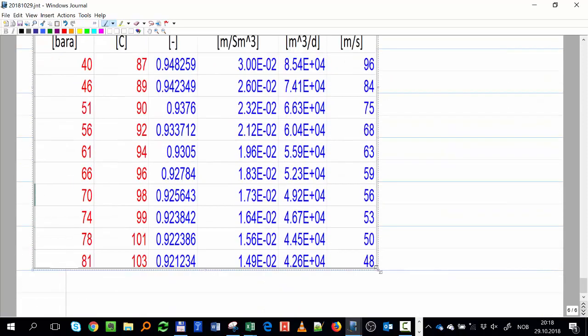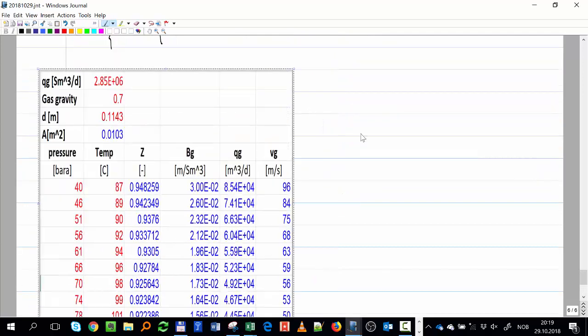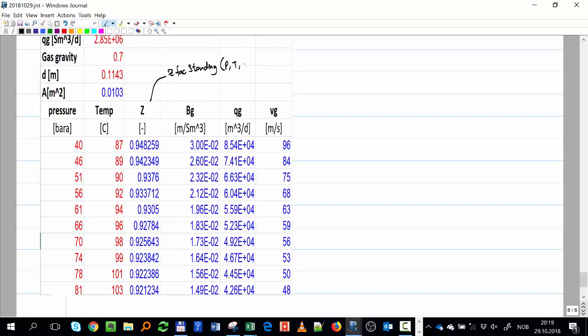So you see some interesting observations. Here you have the function cfact standing, that was using p, t, gamma gravity, and unit. Here you have the function bg that uses p, t, z, and the unit.